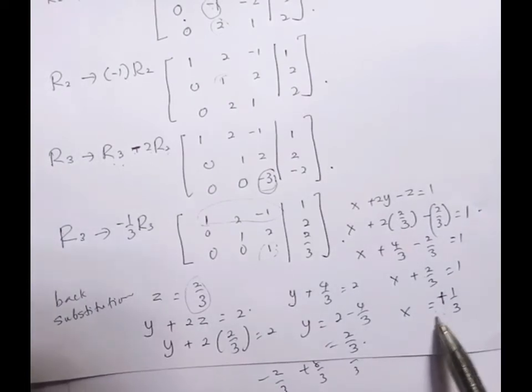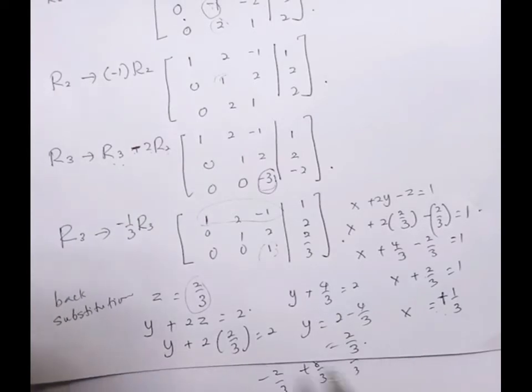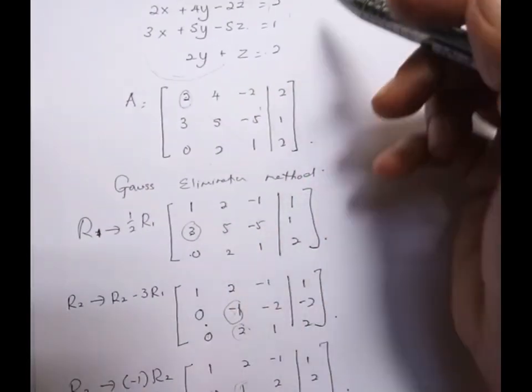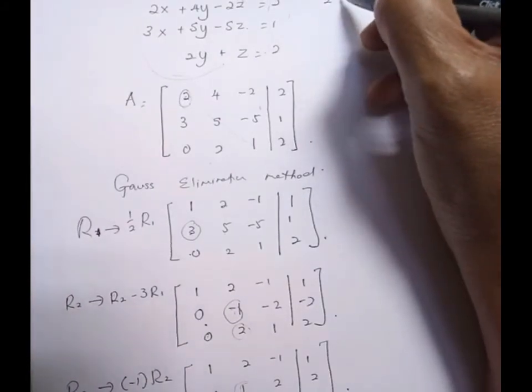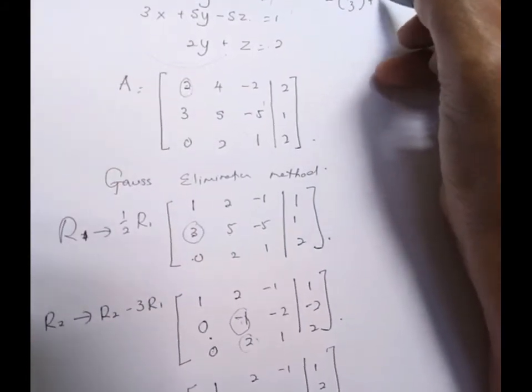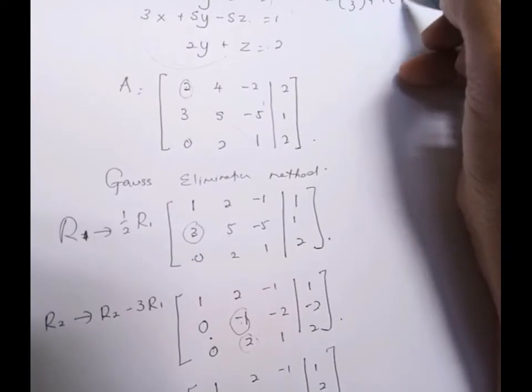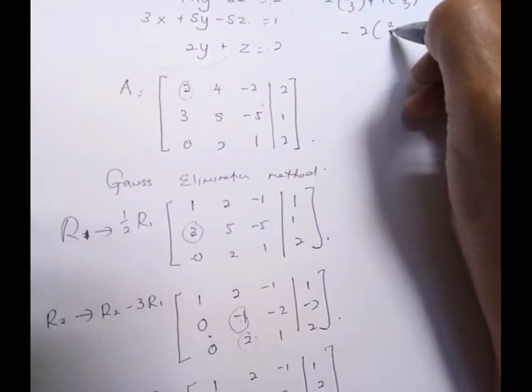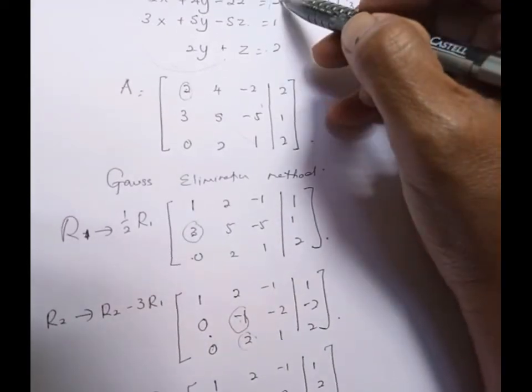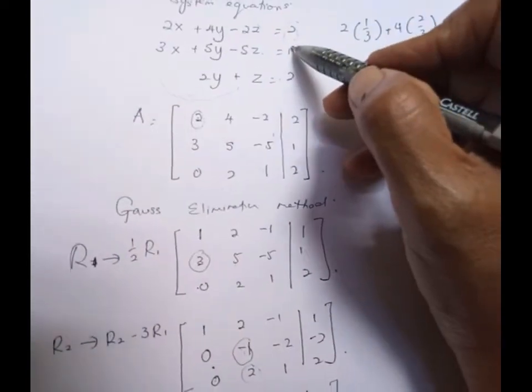So now to check whether your answer of X, Y, Z is correct, put in any of the equations here. For example, equation 1: 2x is 2 over 3, plus y is 2 over 3, minus 2z is 4 over 3. We check whether we get 2 on the right side.